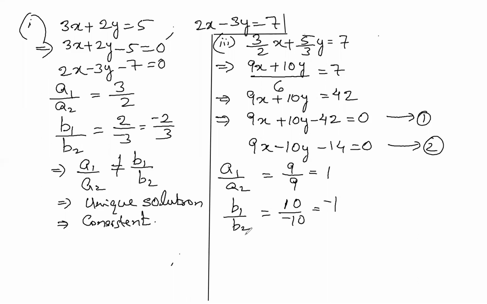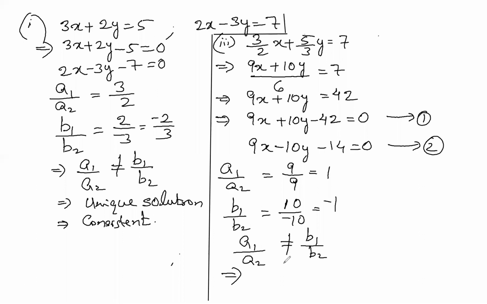So what do you conclude? a1 by a2 is not equal to b1 by b2. Okay, Sarah, if a1 by a2 is not equal to b1 by b2, how many solutions are there? Sarah, can you hear me?